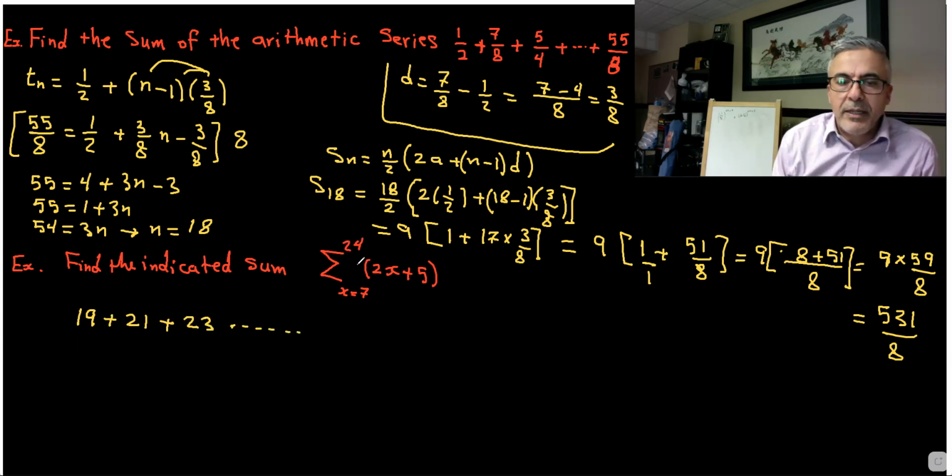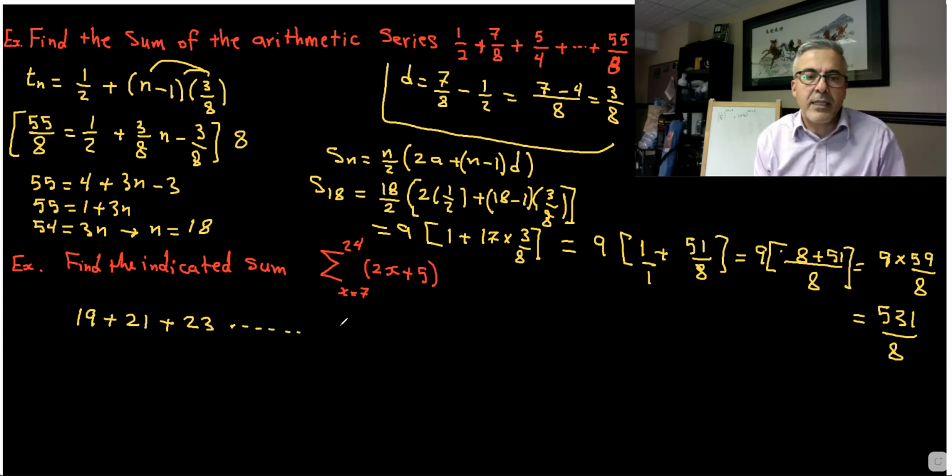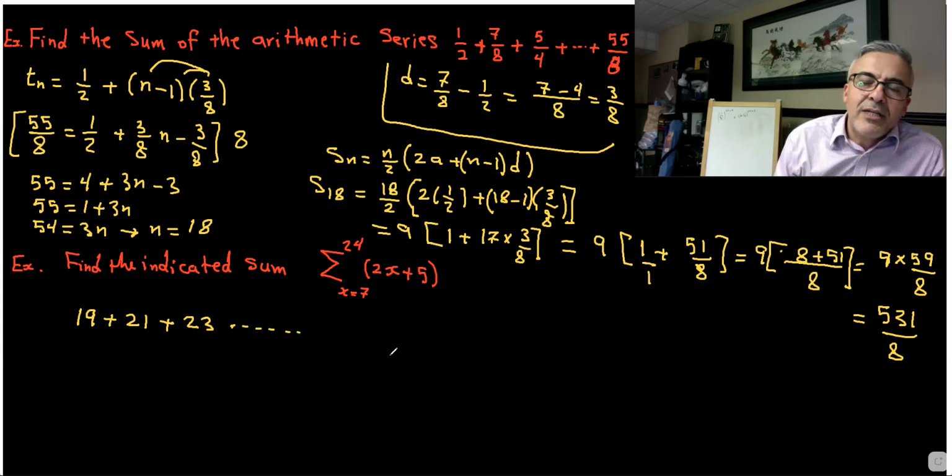You could sub in the 24 to find out your last term if you want, but you don't really need to, because of the number of terms this series is going to give you.